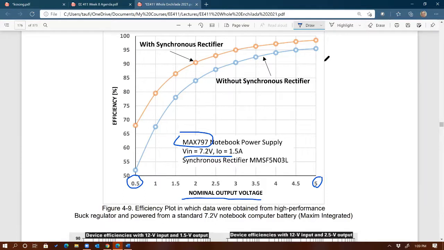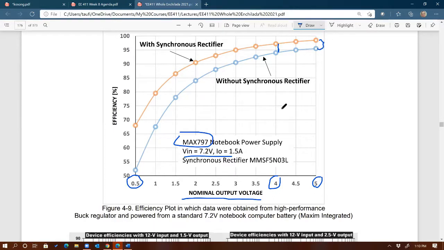And notice the efficiency gain. Go ahead and compare per given output voltage. For example, if you look at 4 volts, look at the difference in terms of the gain in efficiency right there. That's that much difference in terms of efficiency. At 5 volts, that's going to be that much different, right?